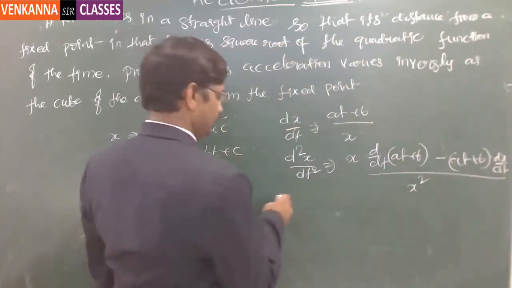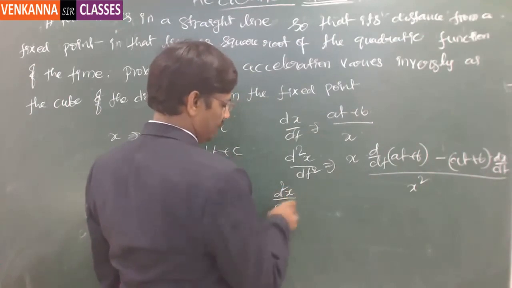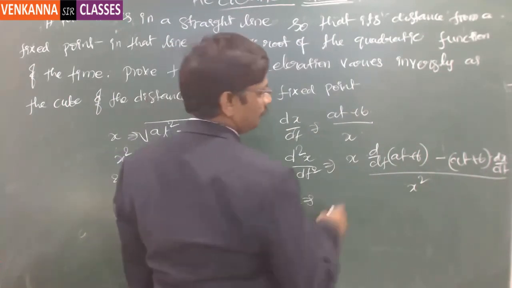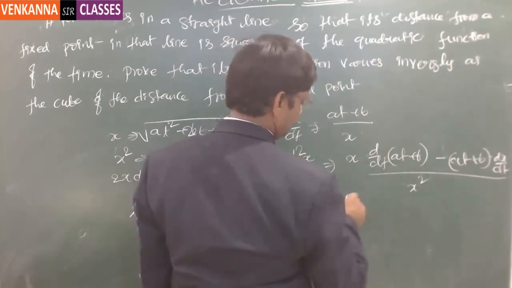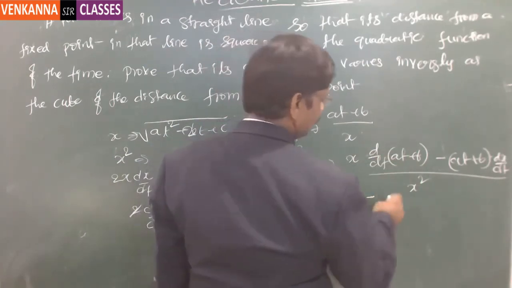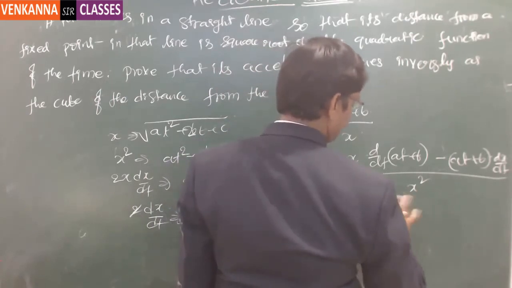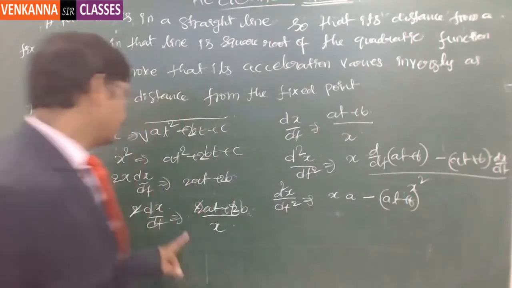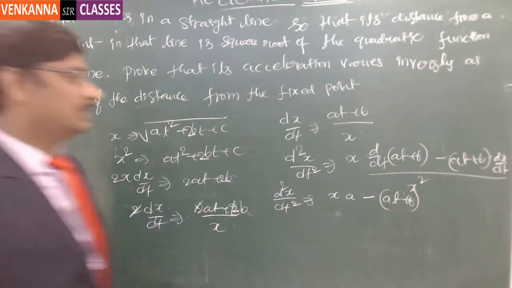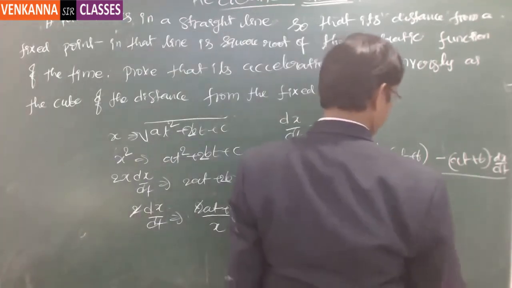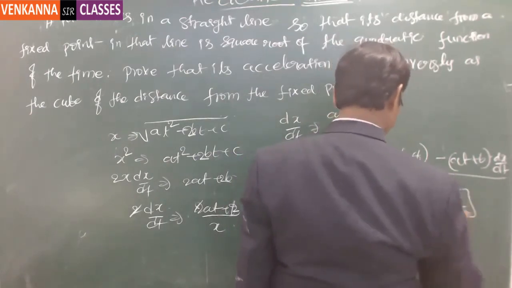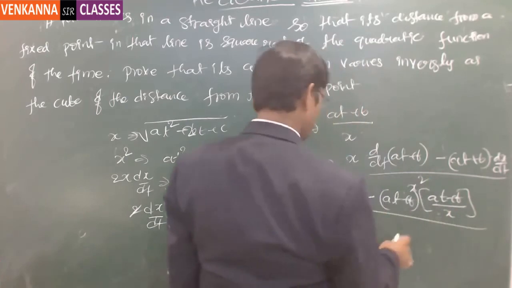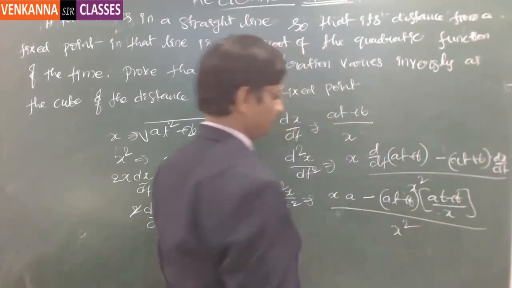So this is x times d by dt of at, which is nothing but a, minus at plus b times dx by dt, which we have already calculated, at plus b by x, divided by x square.